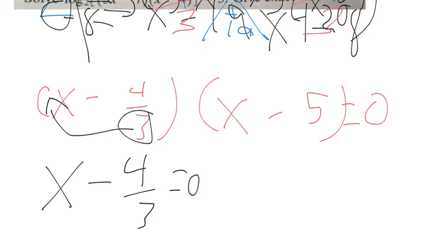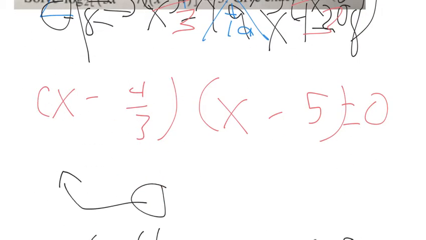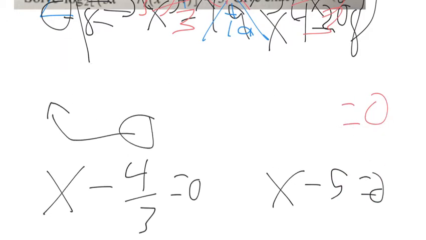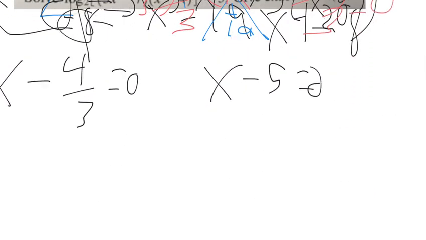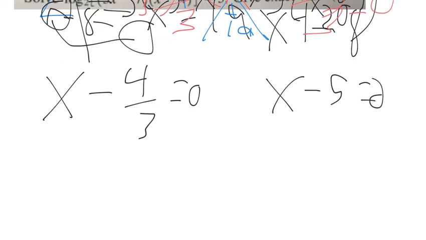Take both of these, set them equal to 0, and solve for x. I'm trying to get rid of that red 0. So anyway, if x minus 4/3 is equal to 0, then x is equal to positive 4/3.